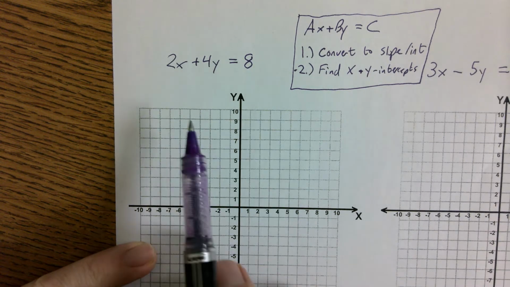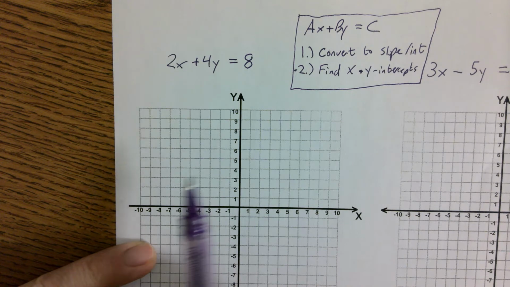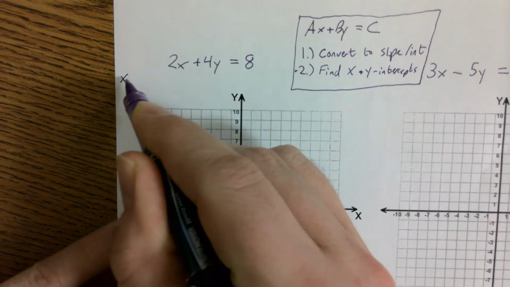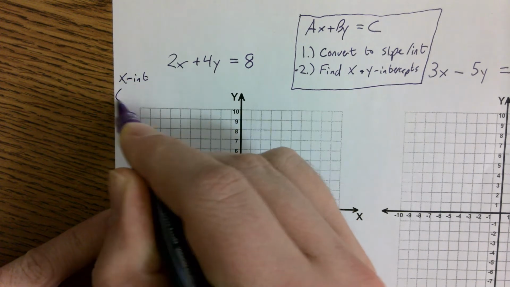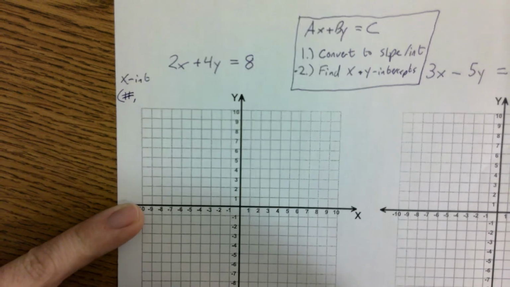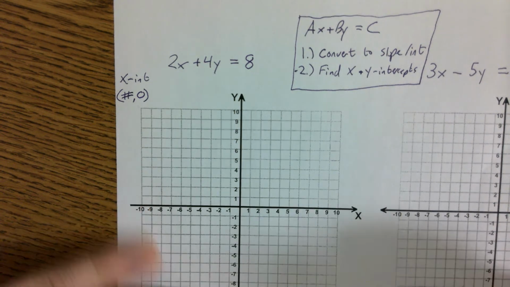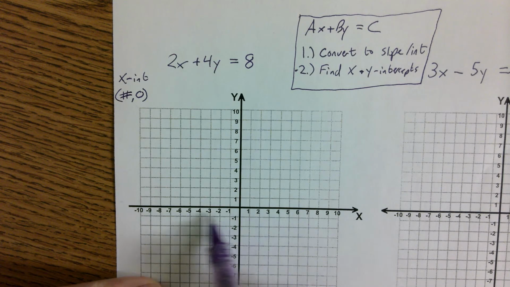So, with how we're doing it, an x and a y-intercept always take the same form. The x-intercept has a number in the x value and a 0 in the y value, okay? Because that tells us we're going over on the x-axis somewhere, but we're not going up or down.